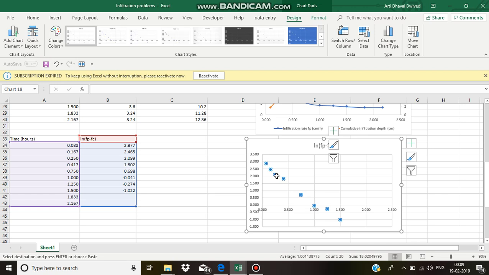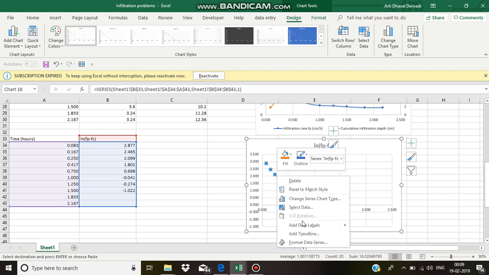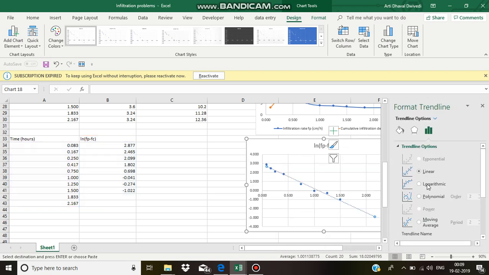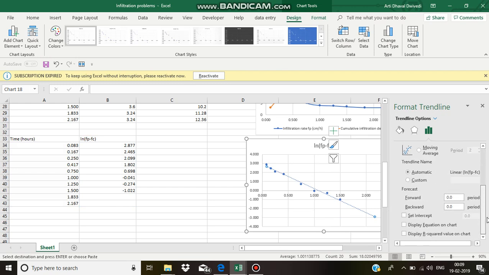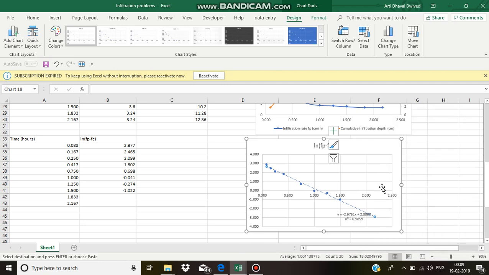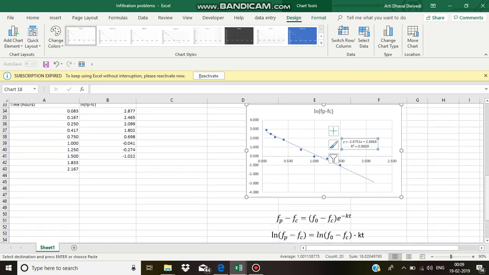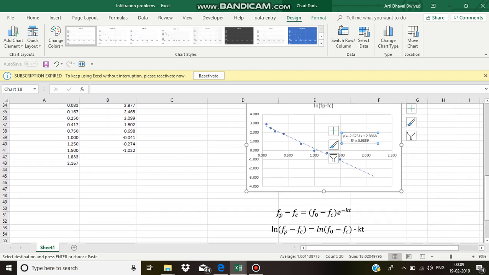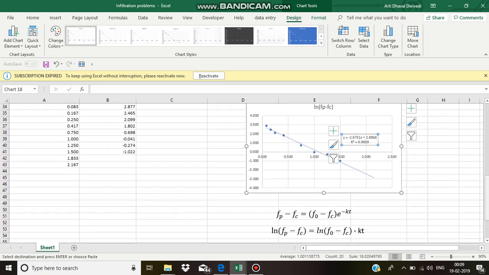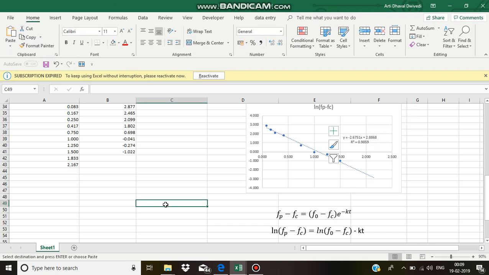We'll add the trend line. Also, we'll add the equation and display r squared value on chart. So this is the equation. Y is equal to minus 2.6751 into x plus 2.8868.